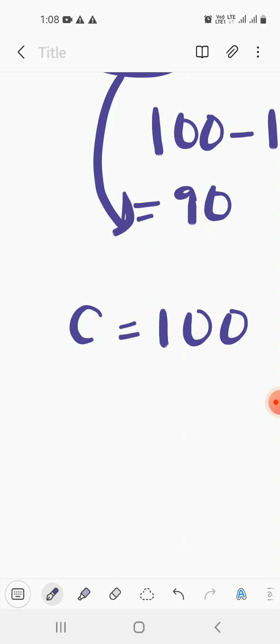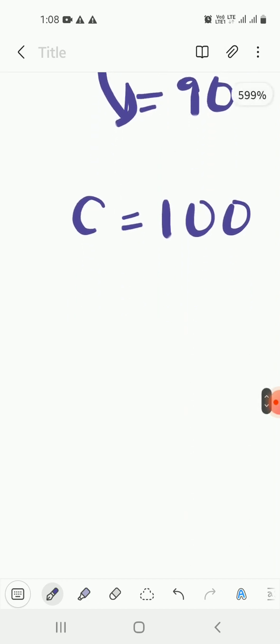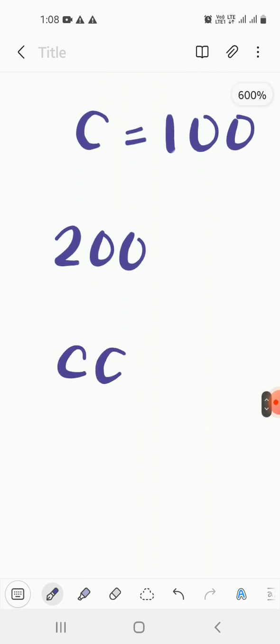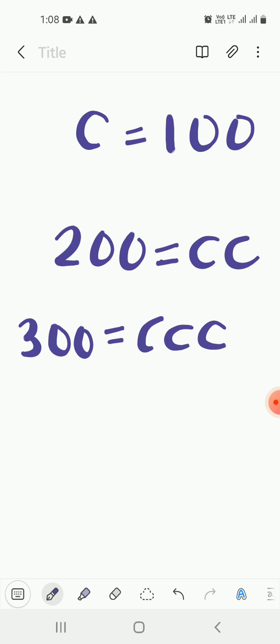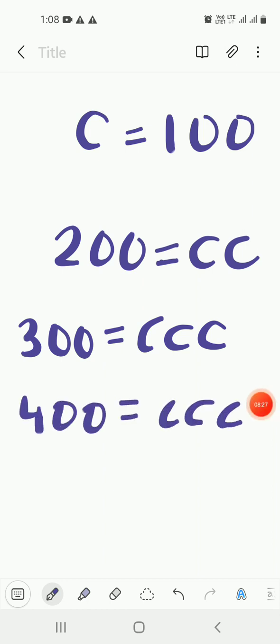Now how can we write numbers more than 100? For writing numbers like 200, write C 2 times, C and C. For 300, we write C, C and C. For 400, we can't write C 4 times, not allowed.